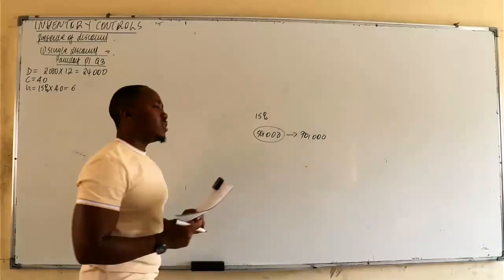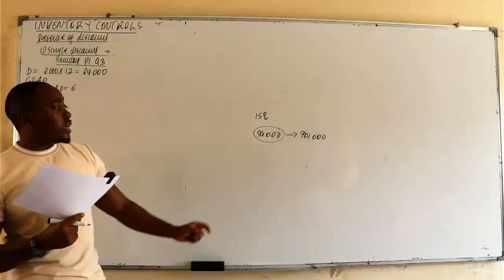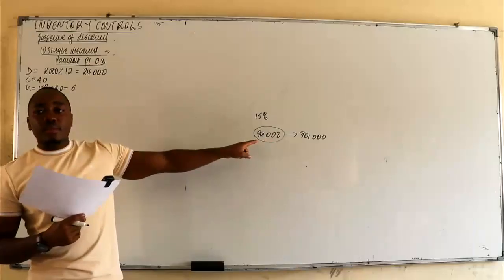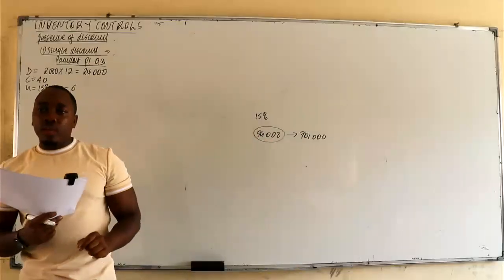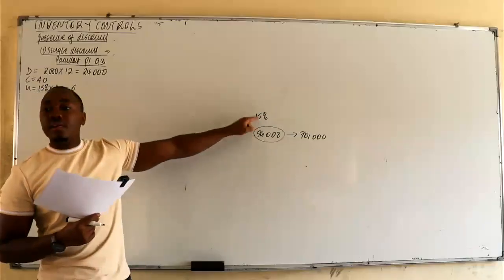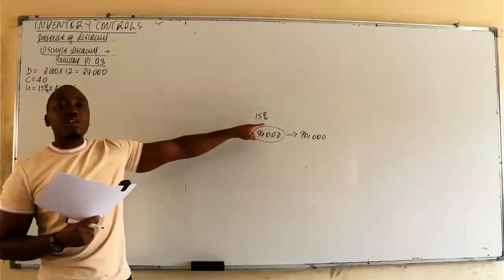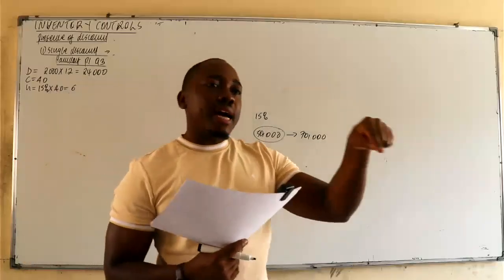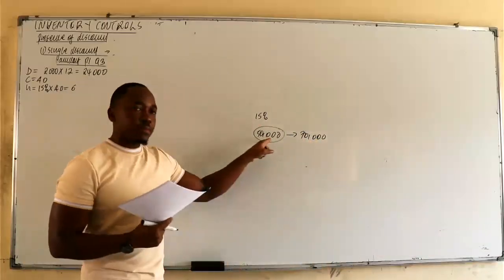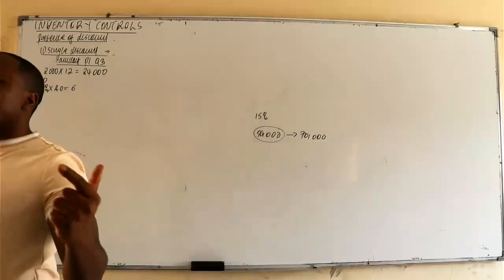Now, how do you get the holding cost? This is inventory, right? So if you had the liquid cash, you have an opportunity where you can invest and get a return of 15%. But in this case, your money is tied to the stock item. In business, you have kulalisha pesa.